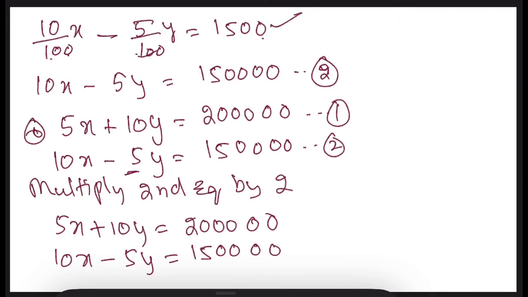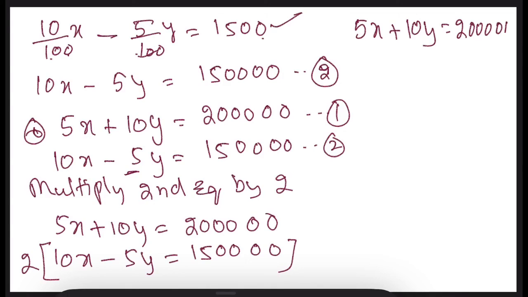Second equation we shall multiply by 2. After multiplying, this will become 20x minus 10y equals 300000.